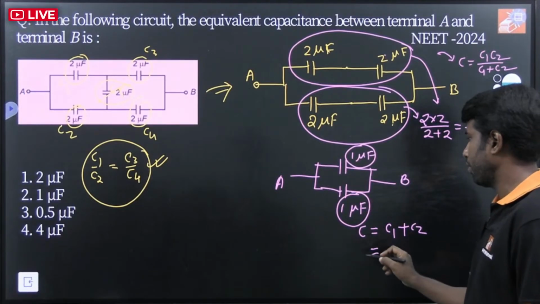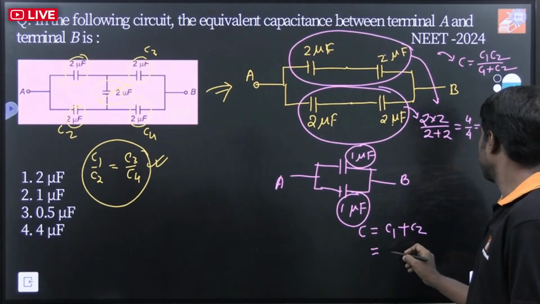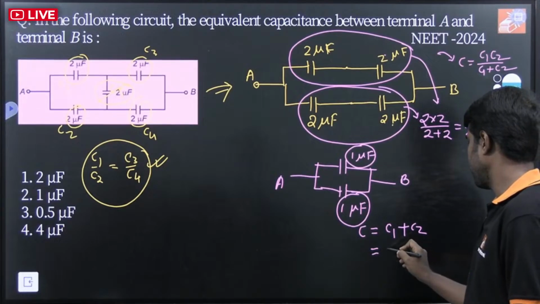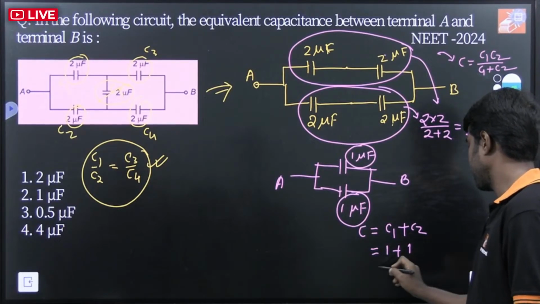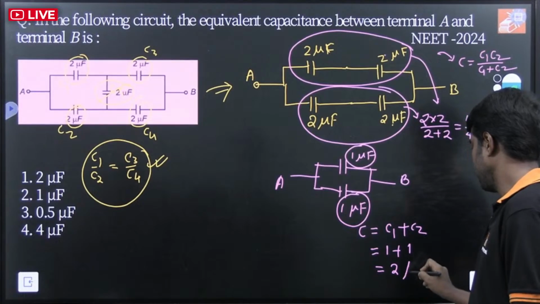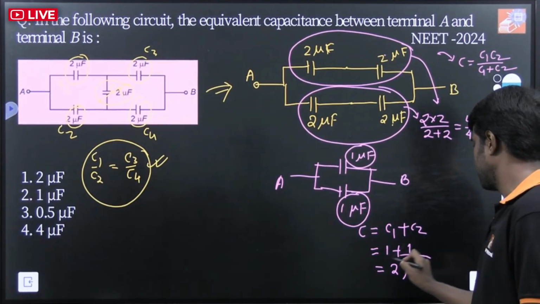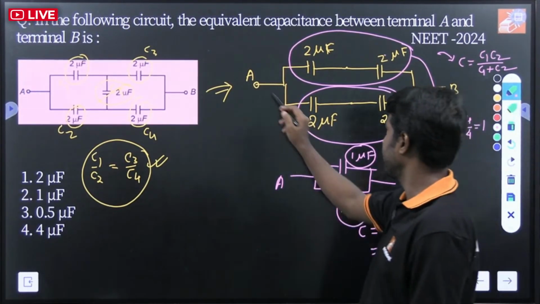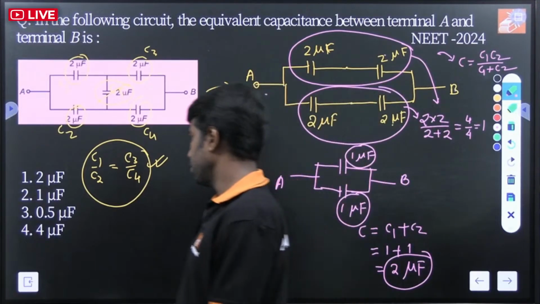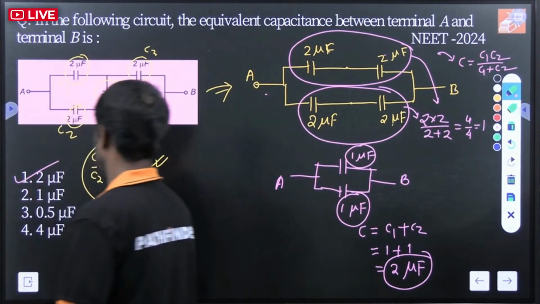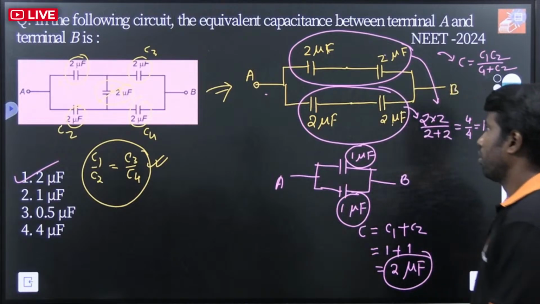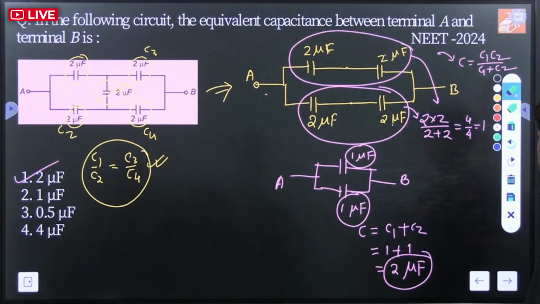C1 is 1 microfarad and this one also 1 microfarad. Finally we have 2 microfarad. So this is the equivalent capacitance between A and B. So our option is the first option. So let's go to the next question.